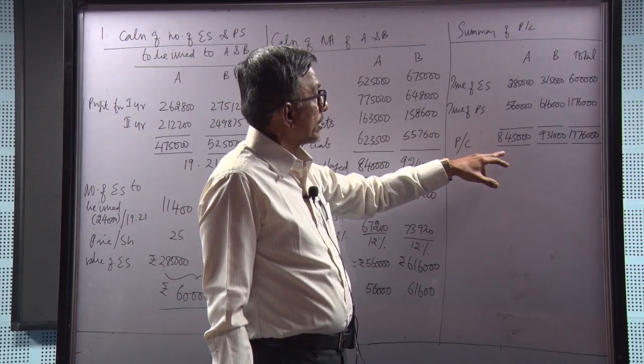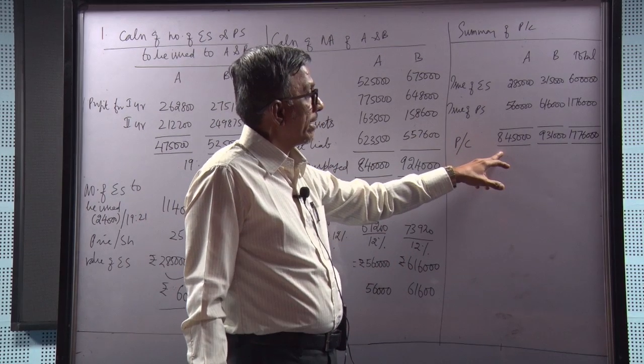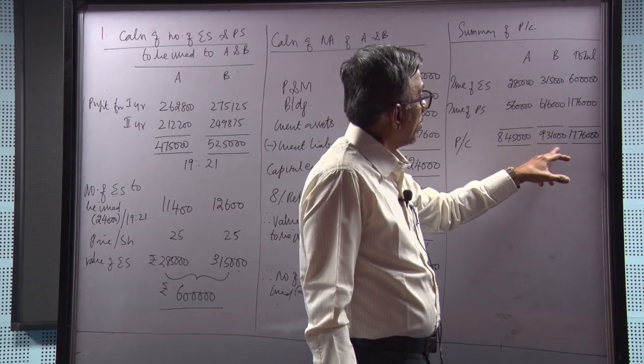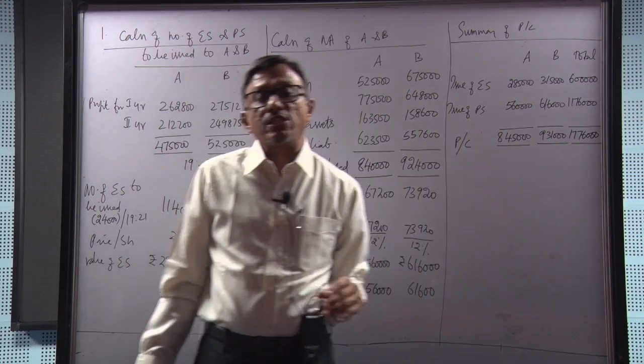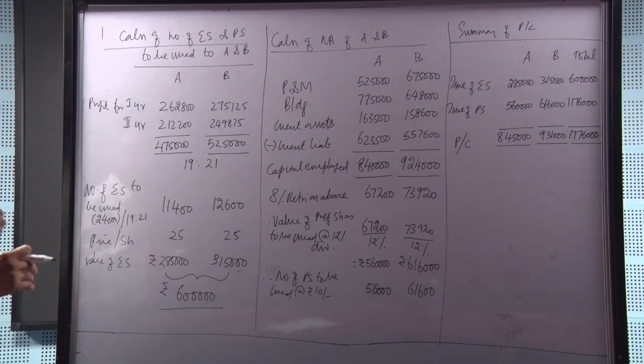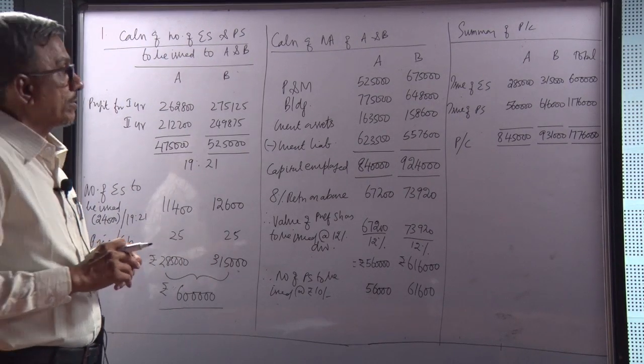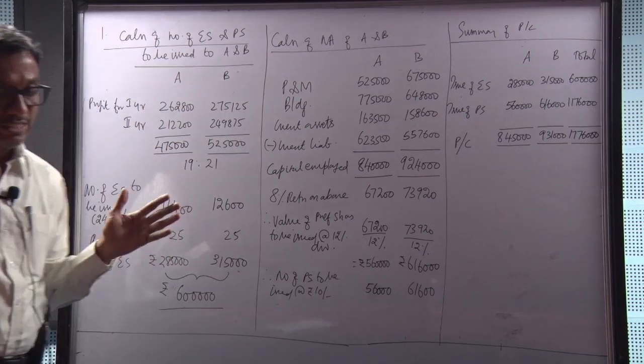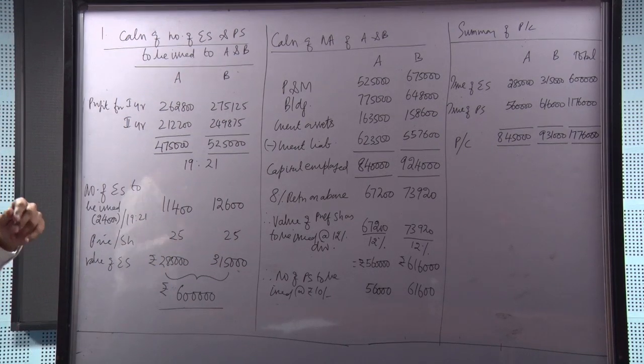So the total consideration for A will be 8,45,000 and for B will be 9,31,000. So the total consideration in the books of AB Limited, the new company, will be 17,76,000. So we answered question number 1.